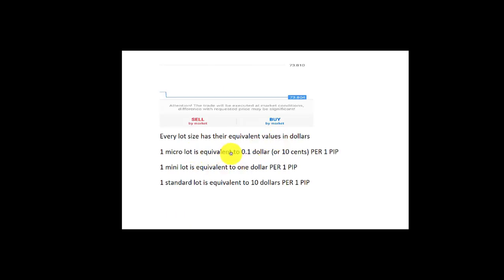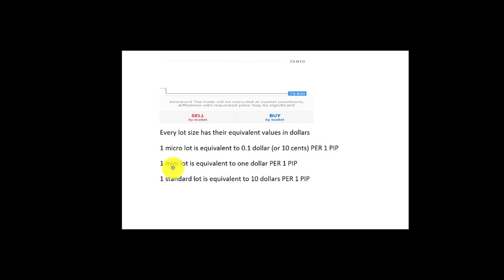One micro lot is equivalent to $0.1, or 10 cents, per 1 pip. So for every 1 pip you take on one micro lot, that is 0.01, it's actually the equivalent of $0.1. Then one mini lot is equivalent to $1 per pip.